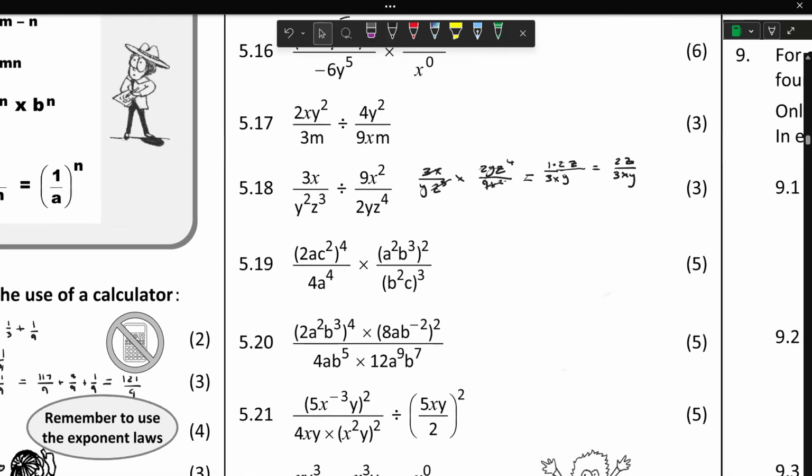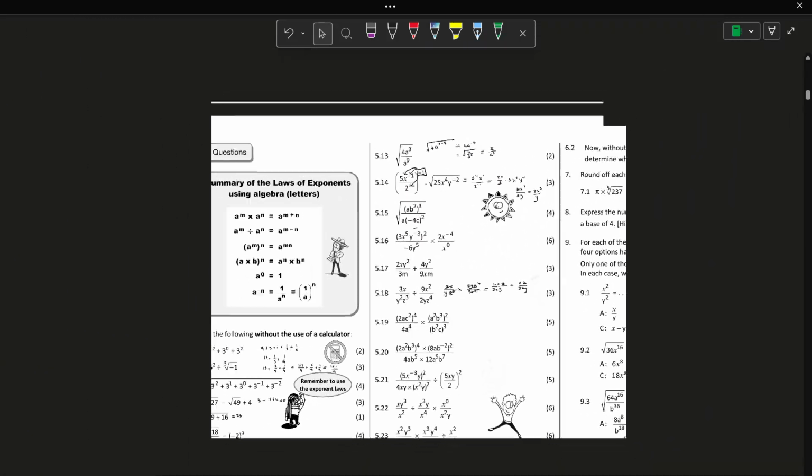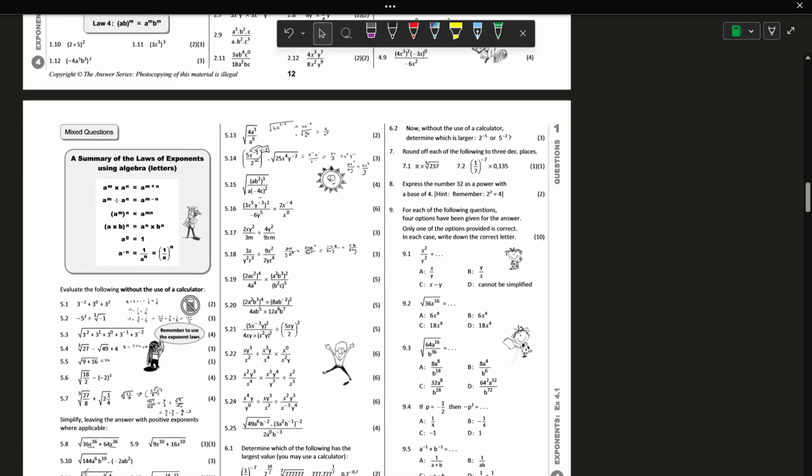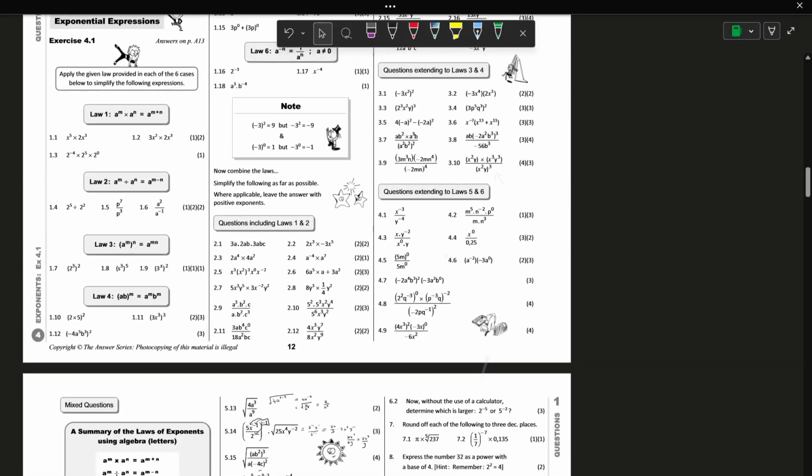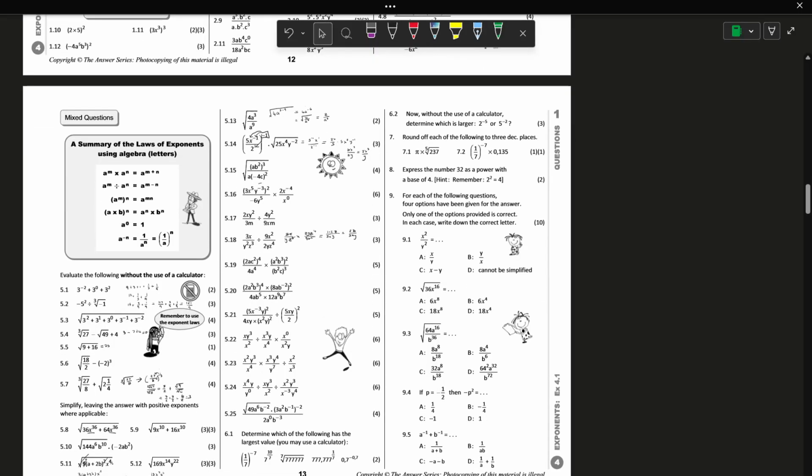Right. Trying to remember where we went up until. Definitely sent you all of these middle ones. They're on the group chat. Let me have a look.